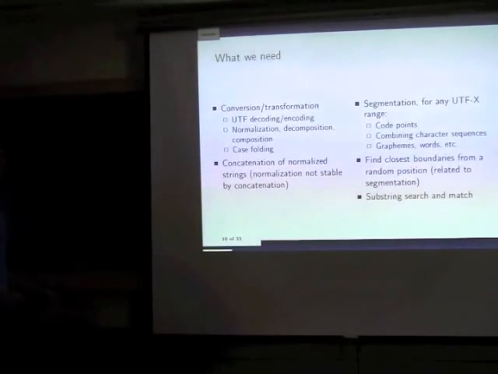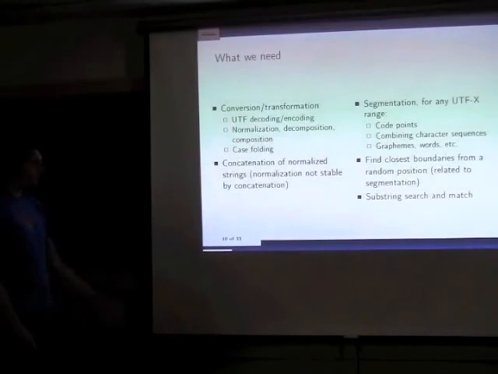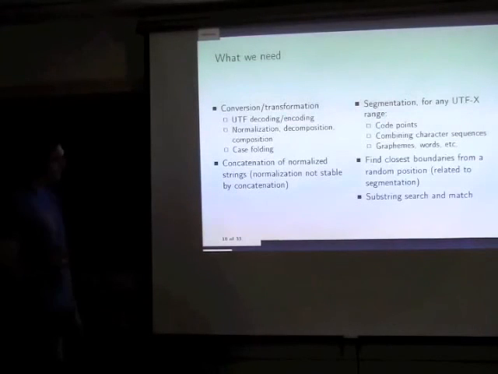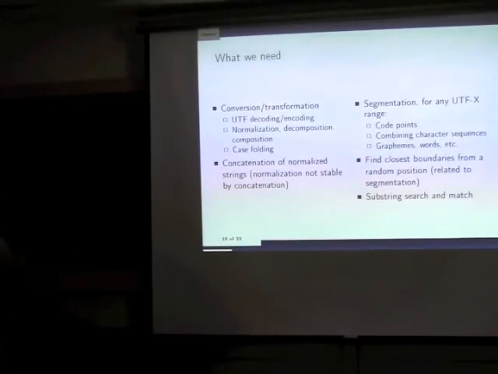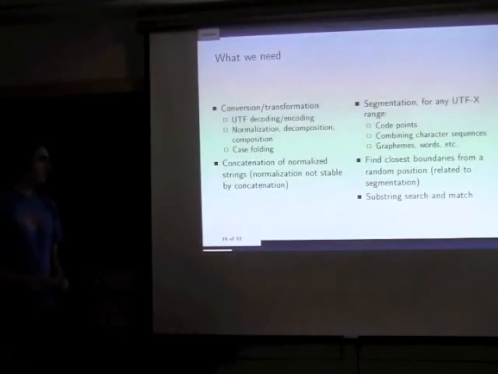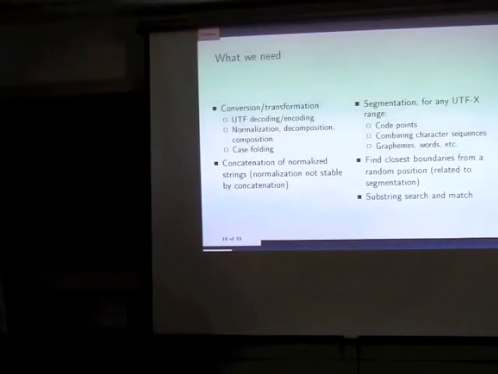So we want to be able to iterate through the code points of a range, through the characters, different types of characters, the words, and all that. We want to be able to, from a random position in a string, find the closest word boundary, the closest code point boundary, and to be able to search for substrings in a bigger string for matching, for parsing.